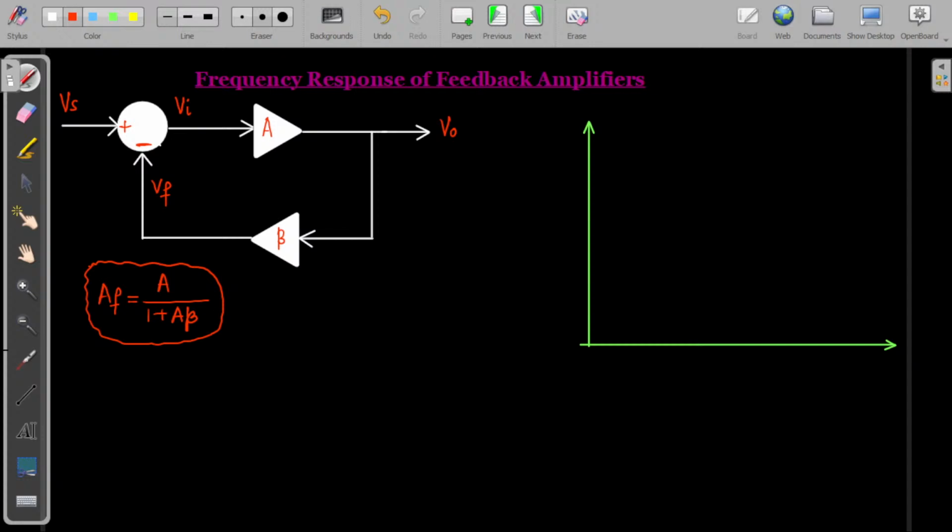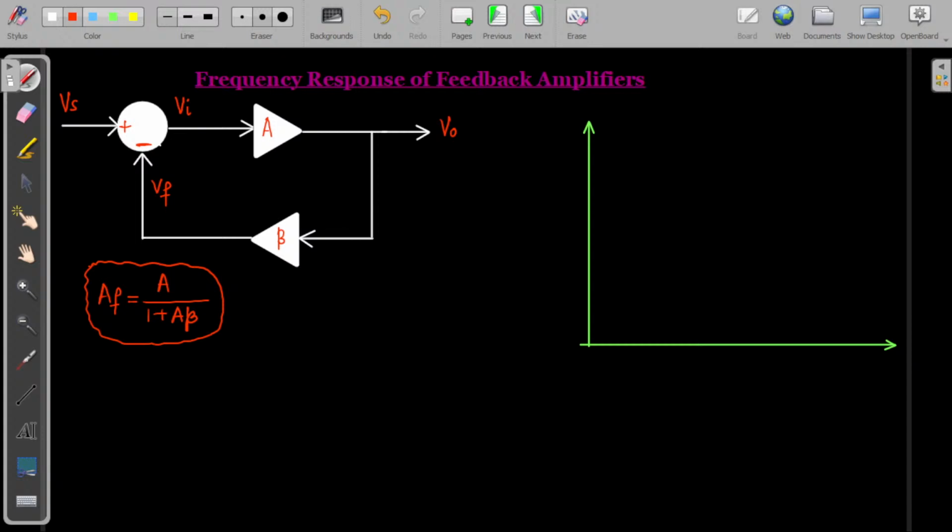Now we want to find the frequency response of this feedback amplifier. What do you mean by frequency response? We have discussed that in the class. That is how the gain of the total feedback amplifier, that is AF, will change according to the frequency of the input signal.